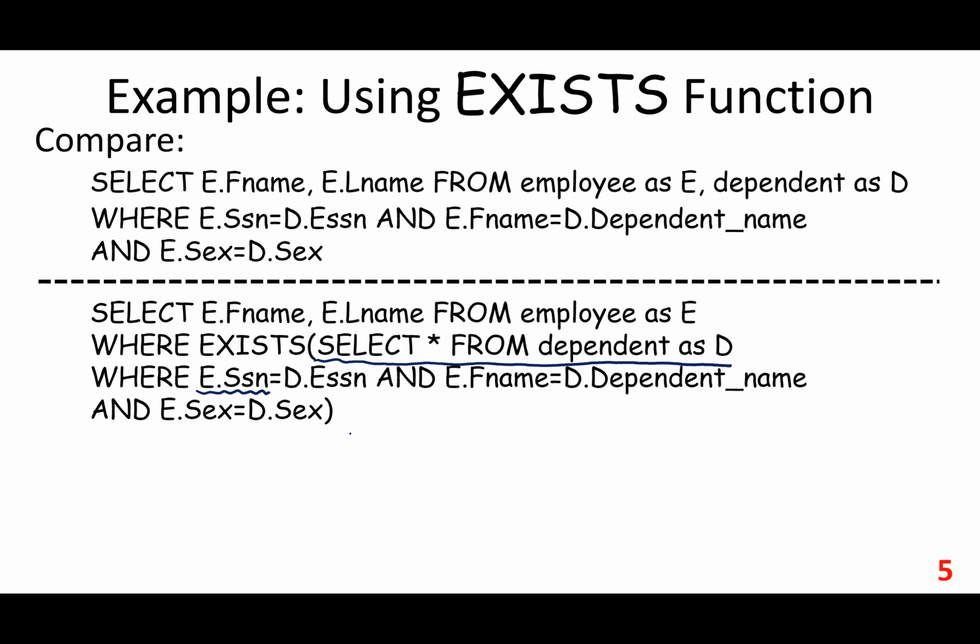If it's not empty, we display that employee's name. That simple. In the inner query, we want to see whether there is a non-empty result. So using this EXISTS function is quite natural.